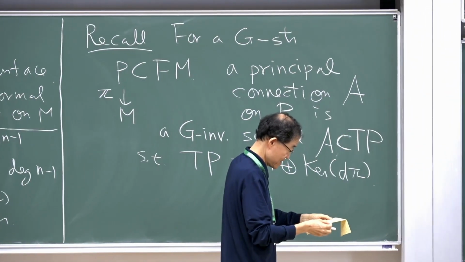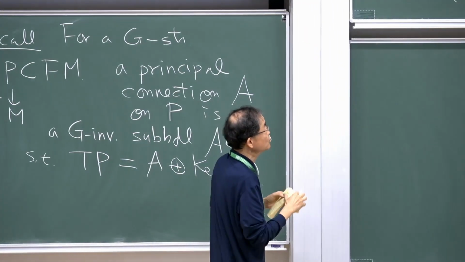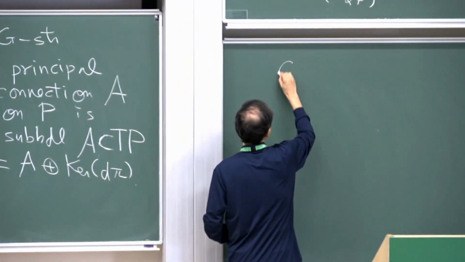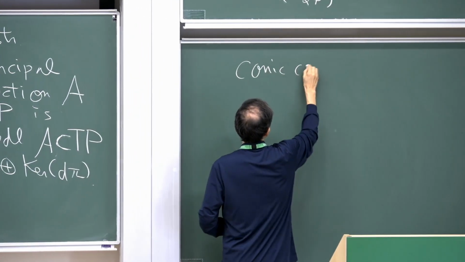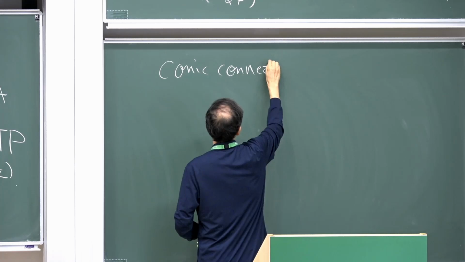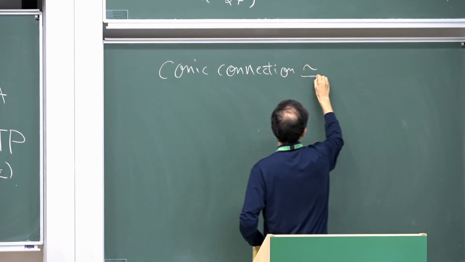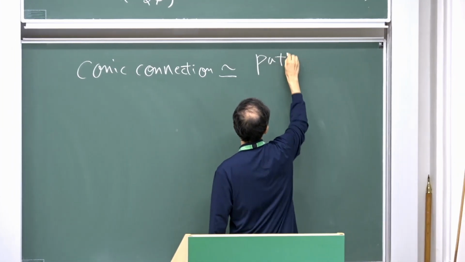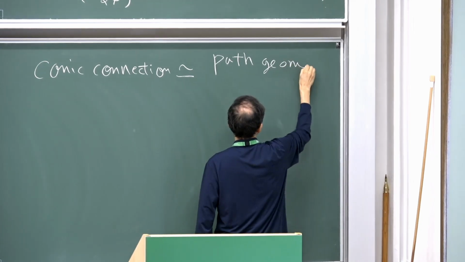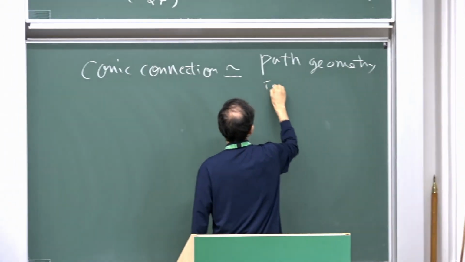And so what is a conic connection? Conceptually, a conic connection is roughly a path geometry in the C direction.